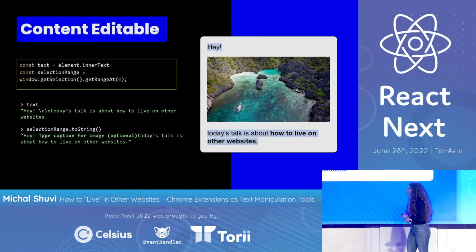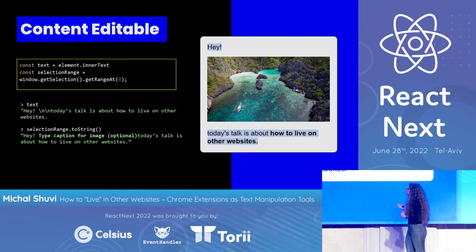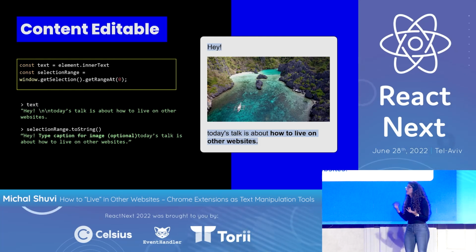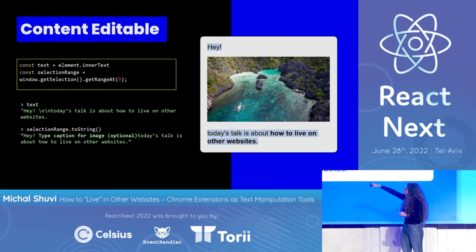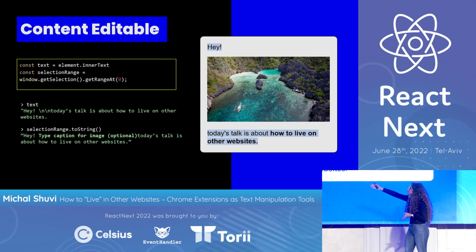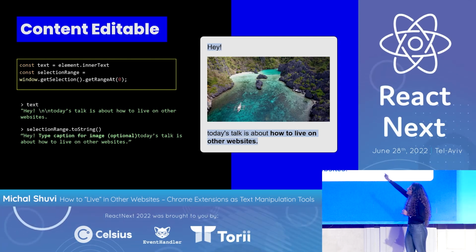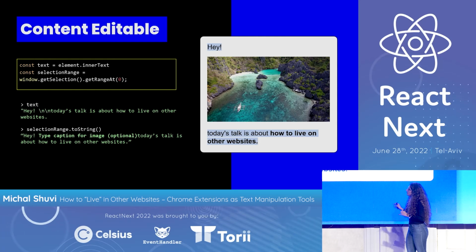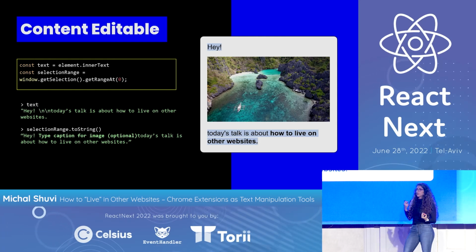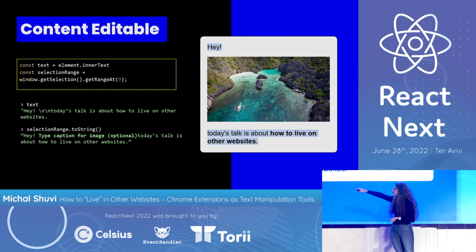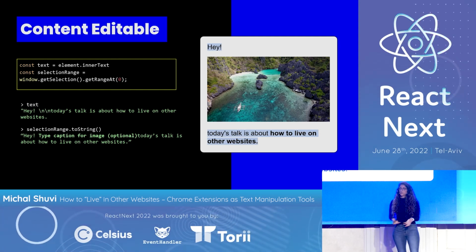But in content editable, what we see here is that because it's composed of elements and HTML, when you get the text using innerText, you get what you see. Hey, today's talk is about, etc. And after that, when you want to get the selection range, like the indexes themselves, you get "type caption for image." What?